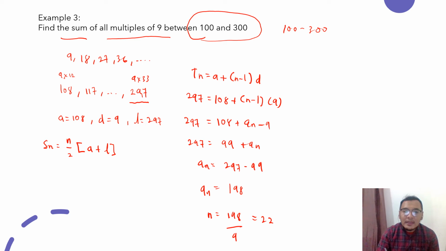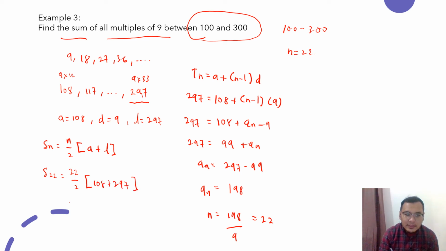So the number of terms between 100 and 300 of multiples of 9 is 22. So we want to find the sum of all multiples of 9 between 100 and 300, which is S22 equal to, just substitute the value of n, which is 22 over 2, times a plus l, which is 108 plus 297.